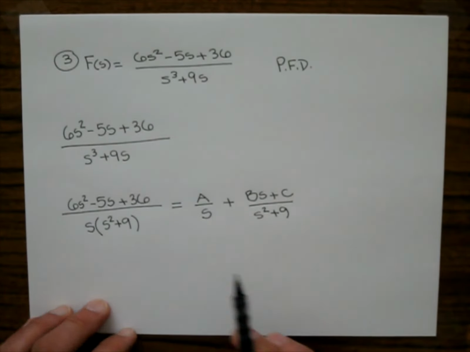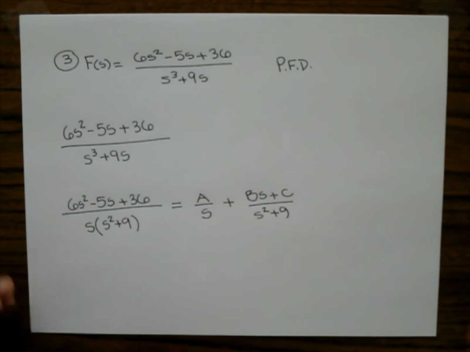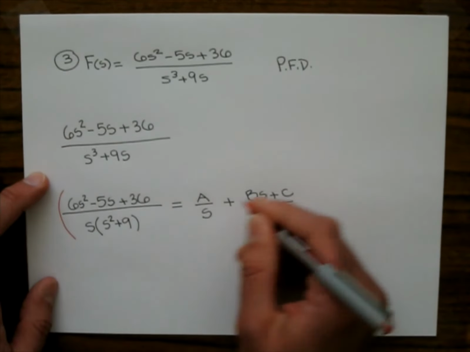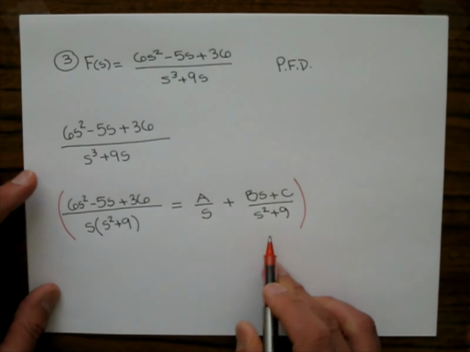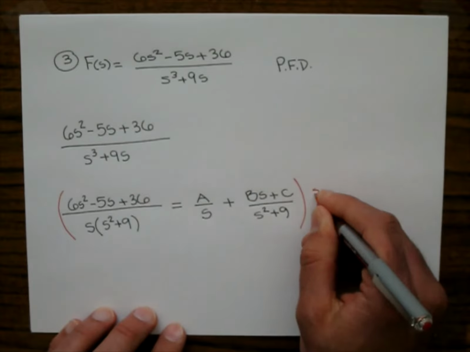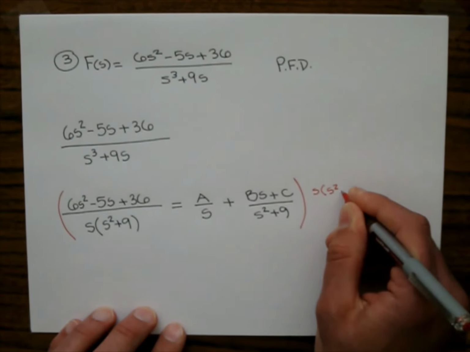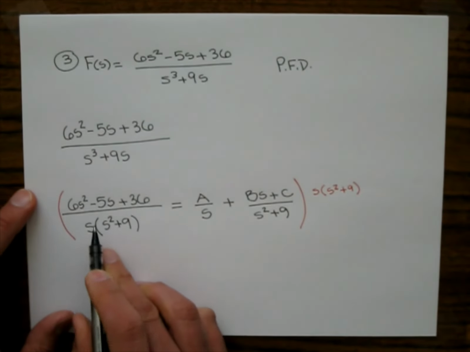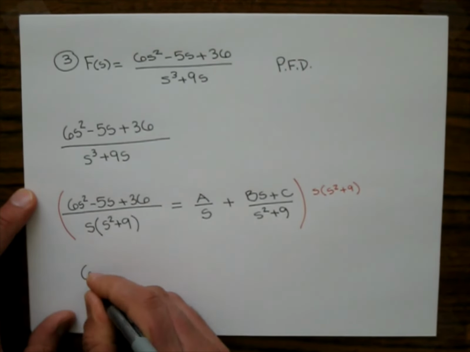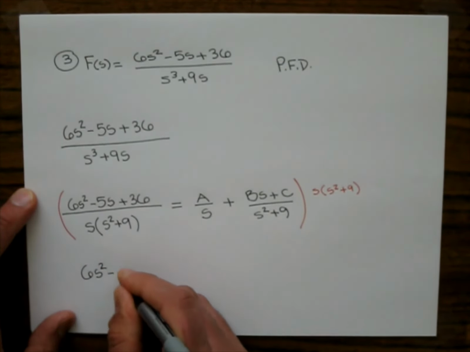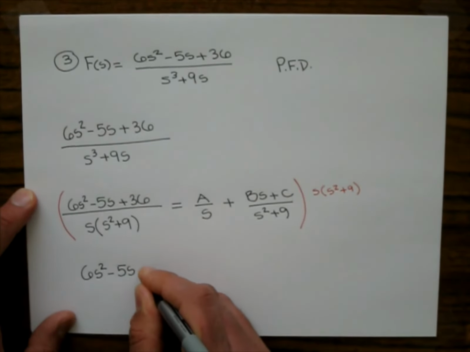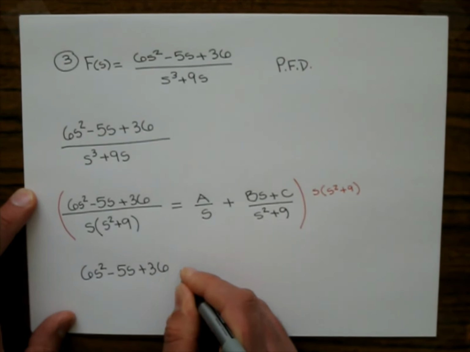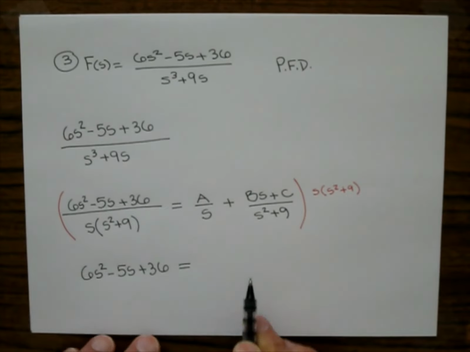But I'm going to walk through this one here. So what am I going to do next? I'm going to go ahead and multiply this equation by the LCD, s times s squared plus 9. So on the left-hand side, I'm just going to get the numerator there. So I have 6s squared minus 5s plus 36 equals this term.